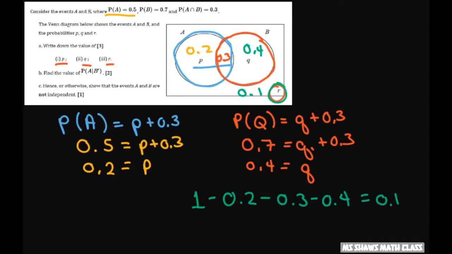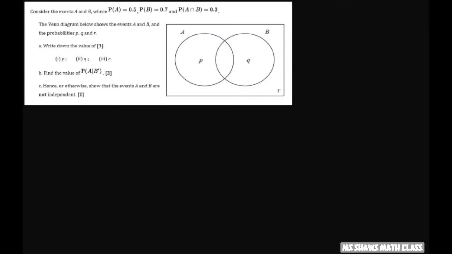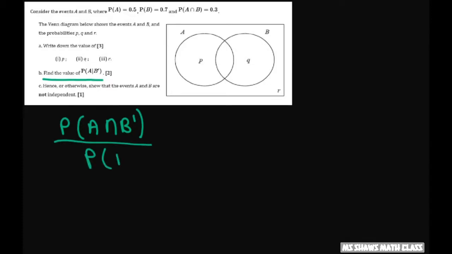All right. Now we're going to do B and C. So for B and C, it says find the value of probability of A given not B. So our formula is probability of A intersects not B, and then you divide by probability of not B. That's the formula for that.